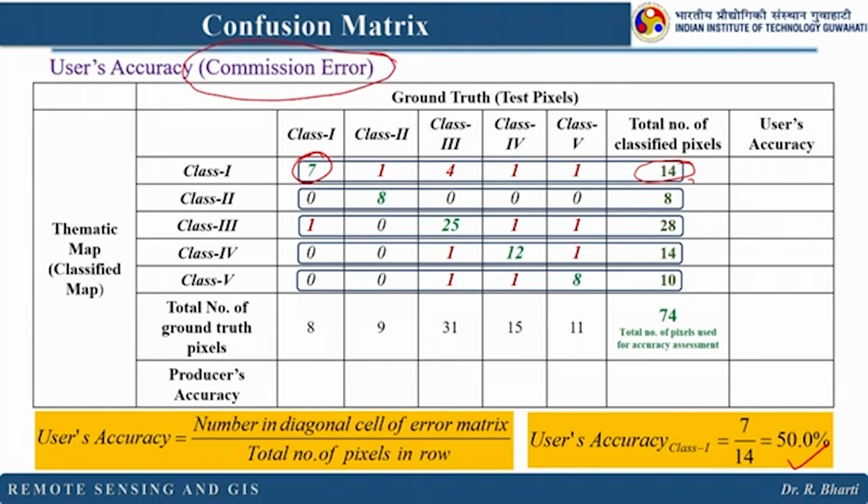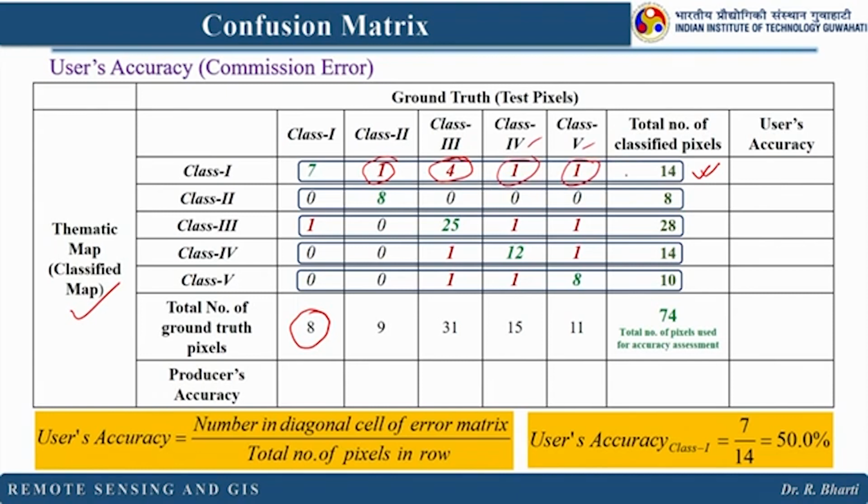In producer's accuracy, we only highlight the omission error. To understand this commission error, let us consider the 8 pixels which we collected in the field for class 1, right? But in the classified image we have a total of 14 pixels. When we compare these with our ground control points, 1 belongs to class 2, 4 belong to class 3, 1 to class 4 and 1 to class 5.